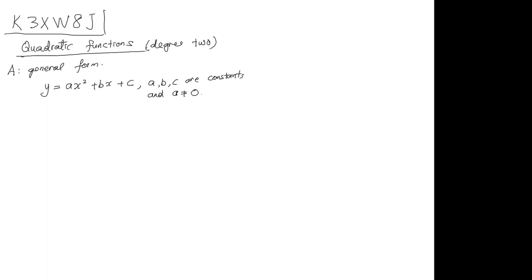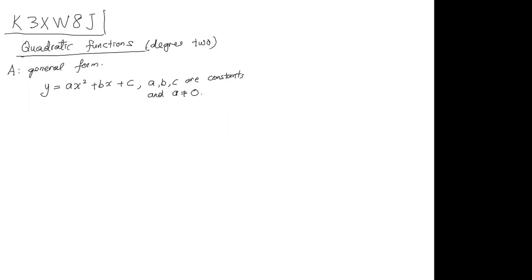Can you tell me why I must put the statement that a cannot be 0? If a is 0, then it will be a linear function. So a is called the coefficient of x squared.